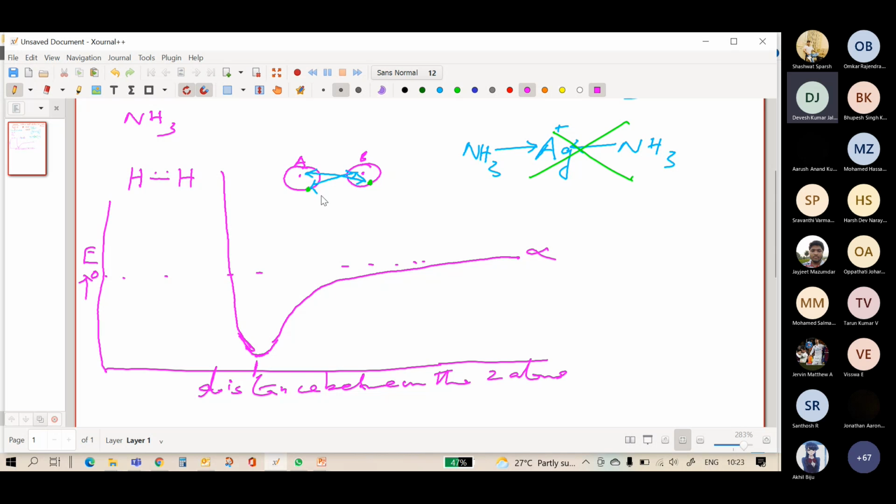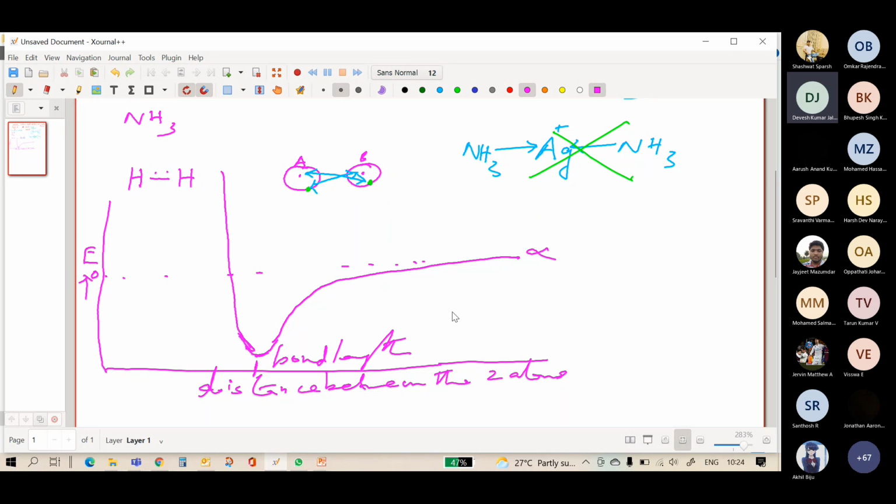Which means you can have the atoms separated by an infinite length, but once the equilibrium length is reached, you cannot squish them any closer than this equilibrium length. You can a little bit, but not more than that. This equilibrium length is what you call the bond length.